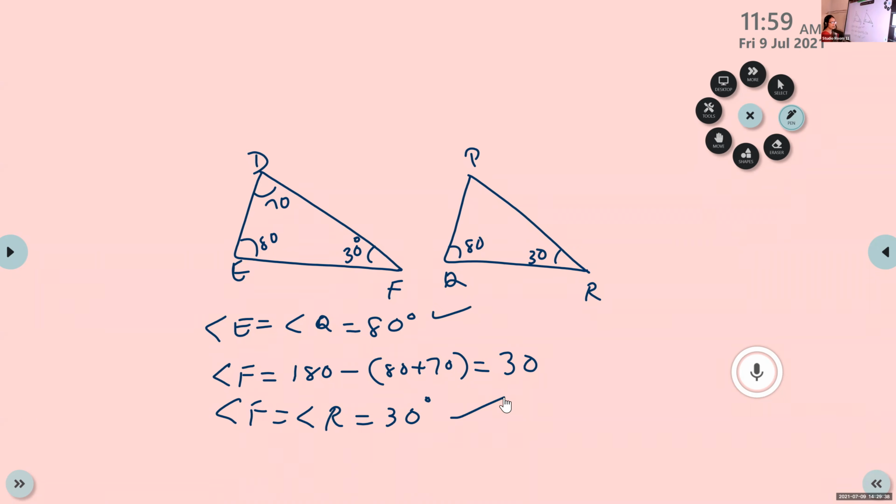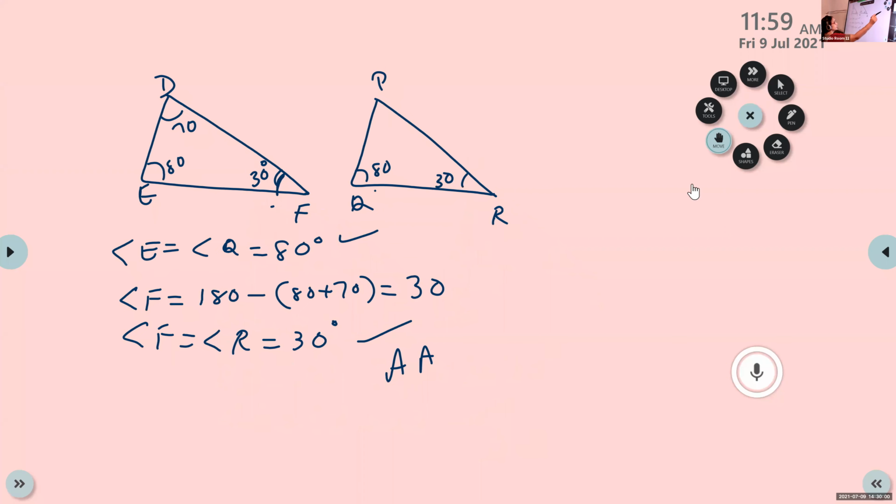So two corresponding angles are equal: angle E equal to angle Q, angle F equal to angle R. Actually, angle F is not given, but by using the angle sum we can find angle F equal to 30. So by AA similarity criterion, which triangles are similar?